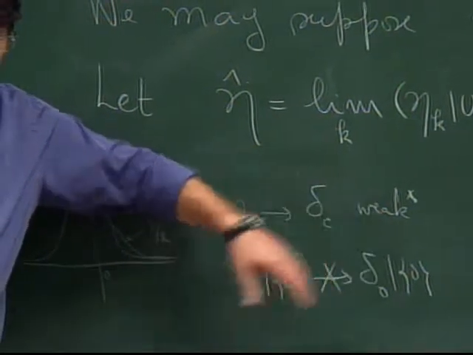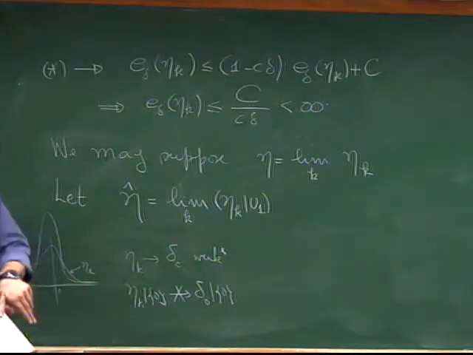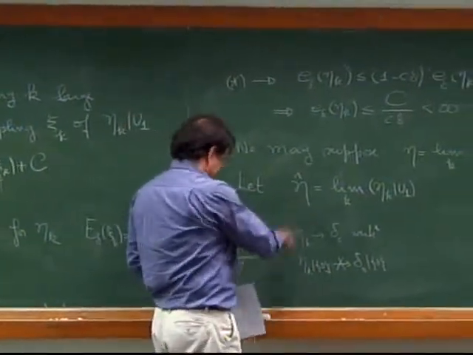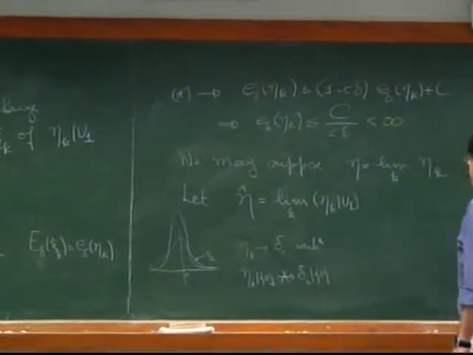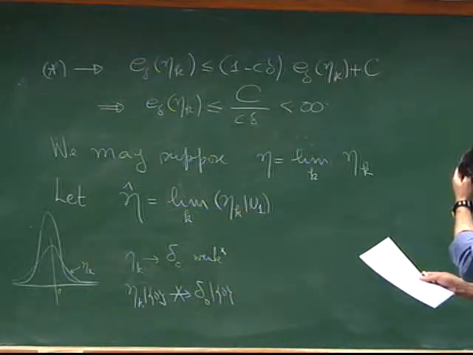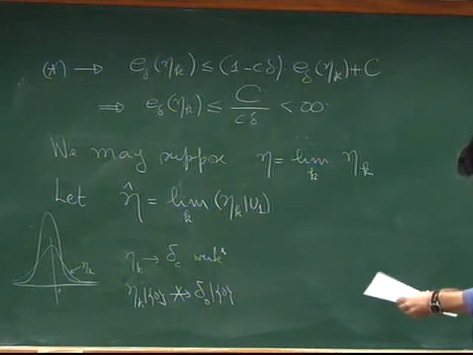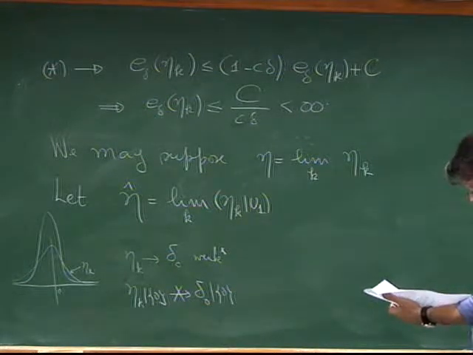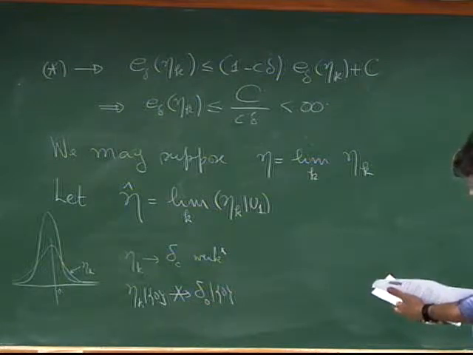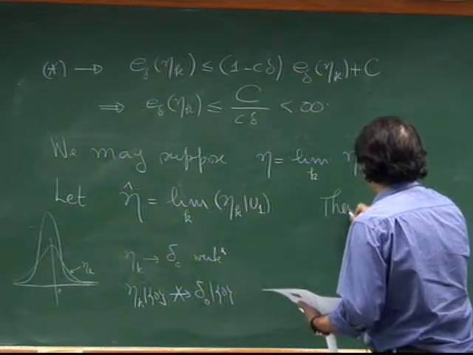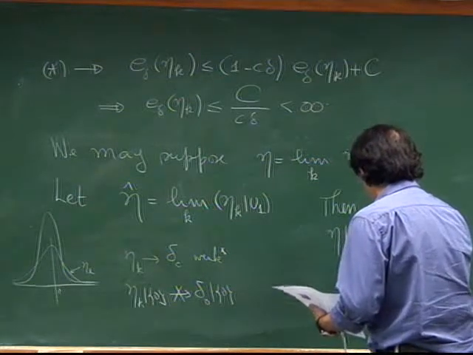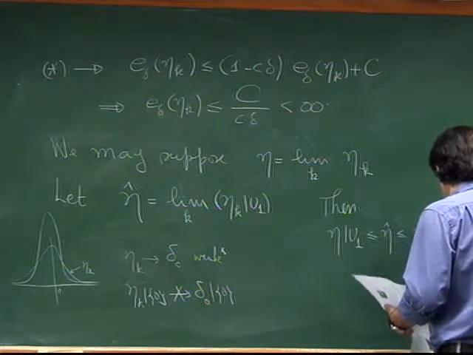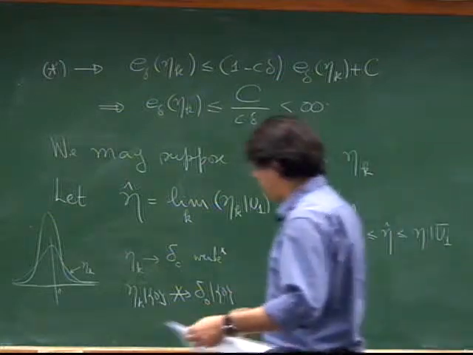Okay, so the problem is that the weak star topology allows the mass of the measure to escape through the boundary. So, in general, it's not true that this eta hat is the same thing as eta. However, one thing is true, and that is that for open sets, and I'm assuming that U1 is an open set, eta restricted to U1 is smaller than eta hat, which is smaller than eta restricted to U1 bar, the closure.